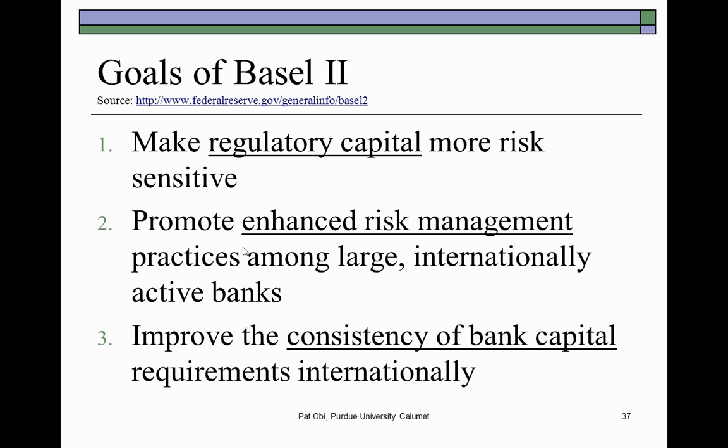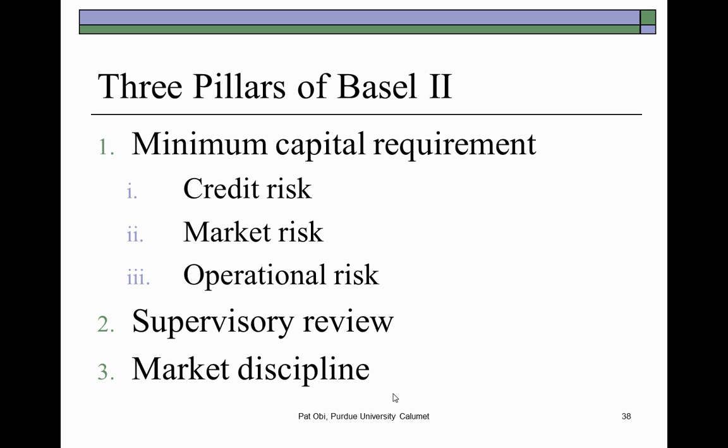Number two is to promote enhanced risk management practices among large internationally active banks, because those are the too big to fail institutions. And thirdly, to improve the consistency of bank capital requirements internationally, so we can have a common basis to evaluate financial institutions from one country to another within this era of globalization.